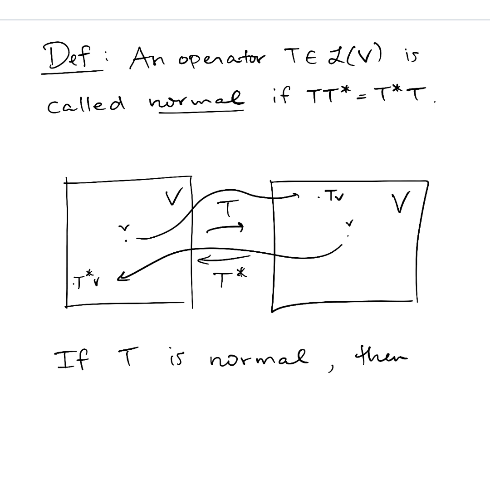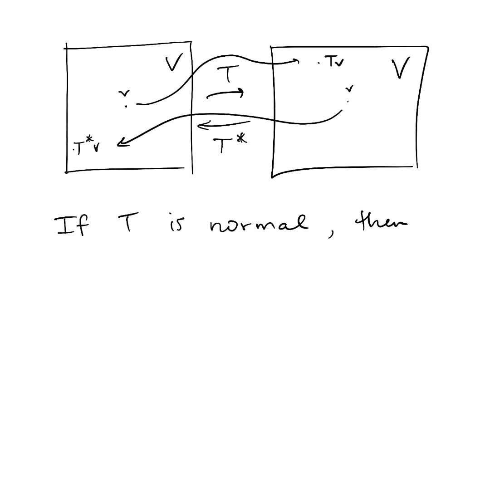Normal says, all right, yeah, fine. Not exactly self-adjoint. So it's not true that T V equals T star V necessarily, but all is not lost. This is true.